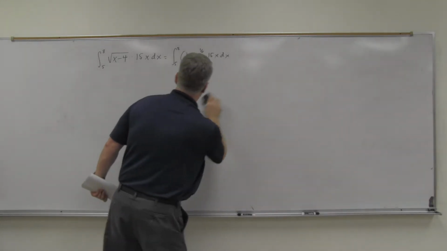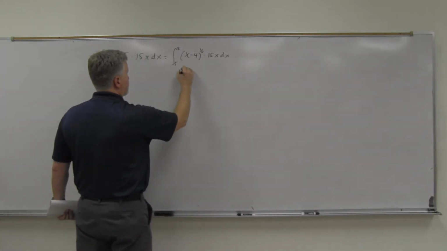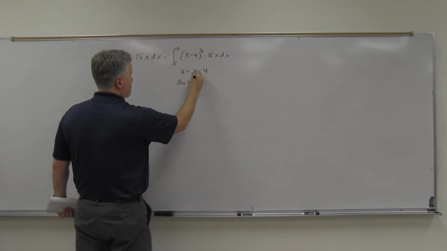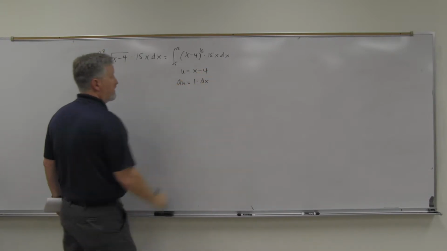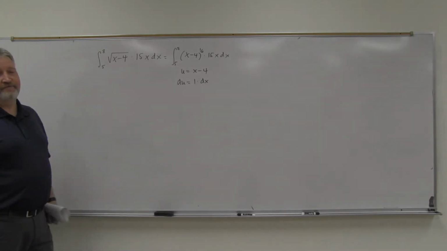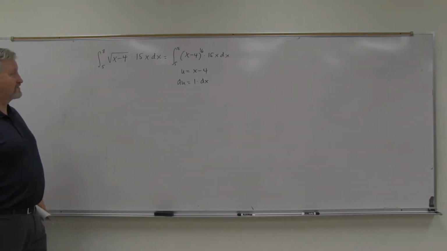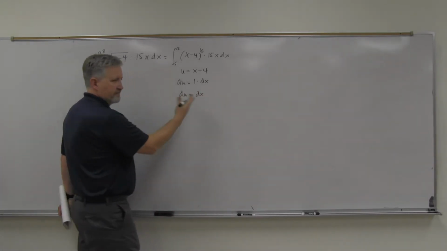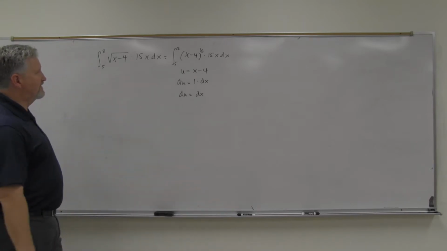And our u substitution is just x minus 4. So du would be 1 times dx. So in this case, yeah, sometimes du and dx just are one and the same. In this case, du is dx. So that would just be a 1-to-1 substitution here.